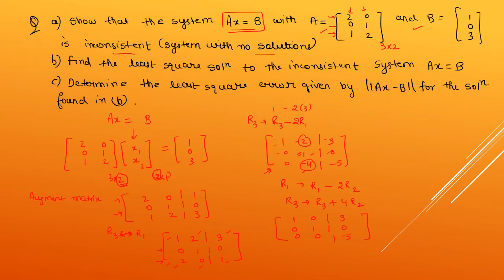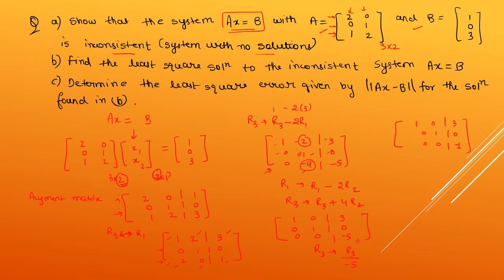Now we have to create another pivot here, so we can divide it by minus 5. So we'll be having 1 0 3, 0 1 0, 0 0, minus 5 by minus 5 is 1, right?